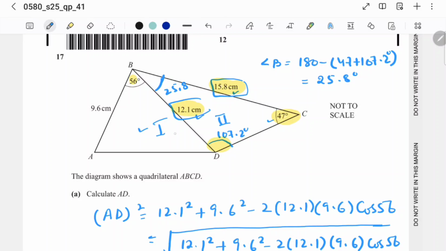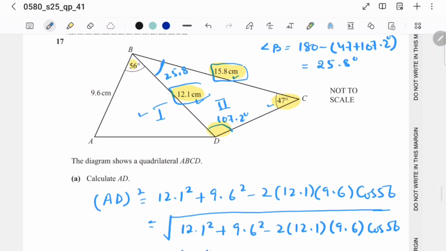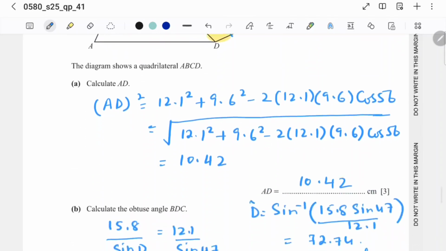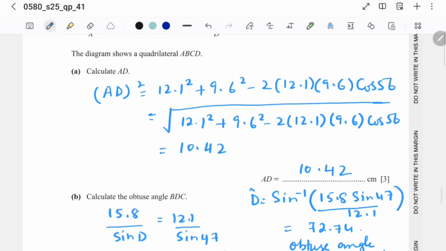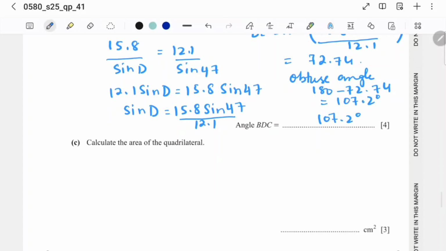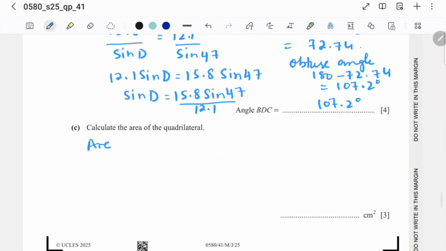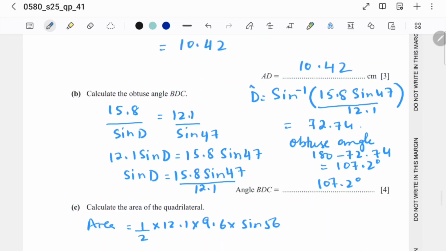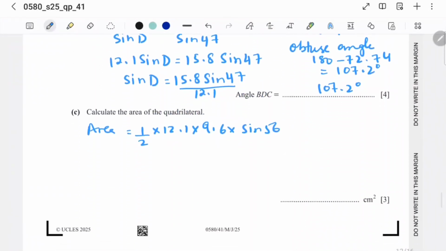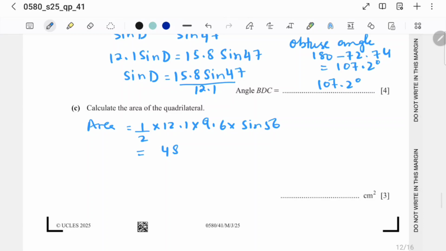So your first triangle has two sides 12.1 and 9.6, and the angle is 56 degrees. Just calculate the area for the first one. Area is half ab sine C, so half of 12.1 into 9.6 into sine 56. You will get 48.15 square centimeters.